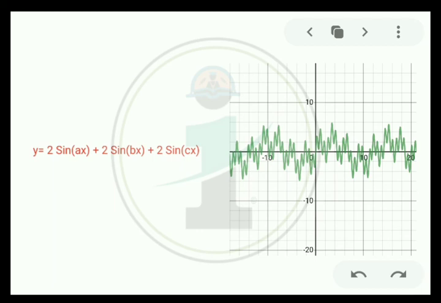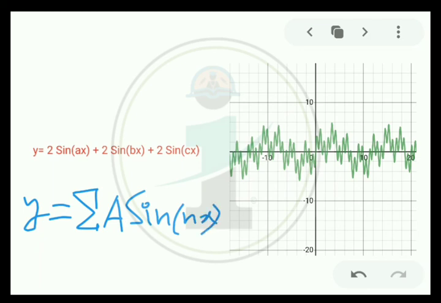Now I am just taking an example. I have taken for simplicity that the amplitude is 1. The sum of the sine curves, that is sine nx, where n goes from 1 to some value m.